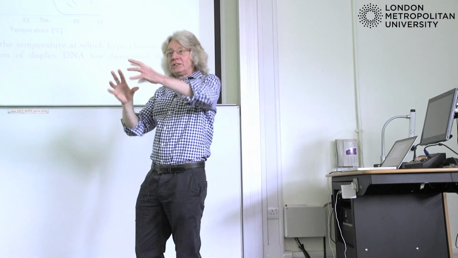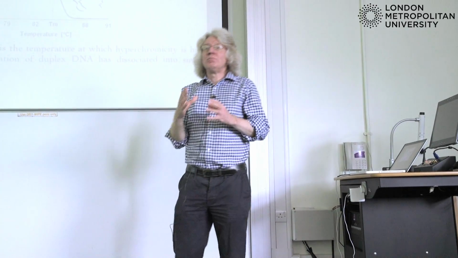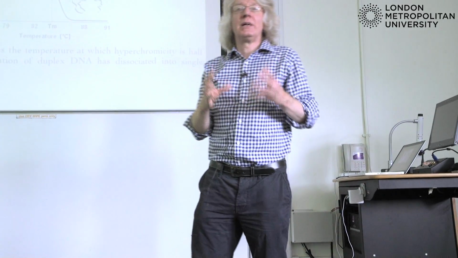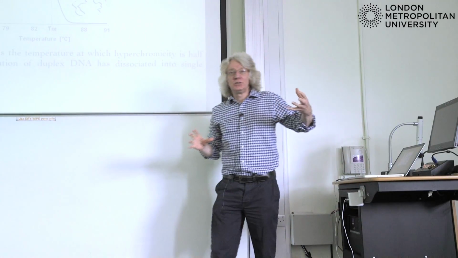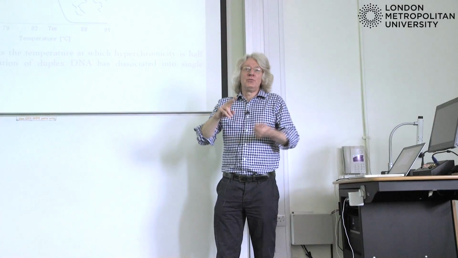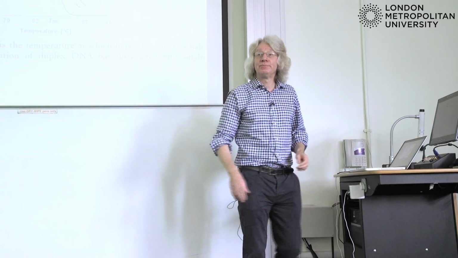As you raise the temperature higher, more of the duplex dissociates into single-stranded forms. So the melting temperature is a measure of stability of a duplex. That's what we use. So we make a new nucleic acid derivative with either different backbone, different sugars, different bases. We study the melting temperature of two complementary strands.